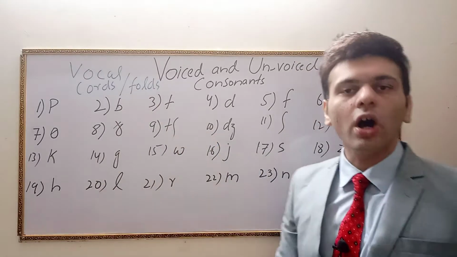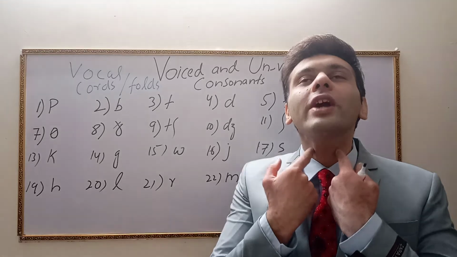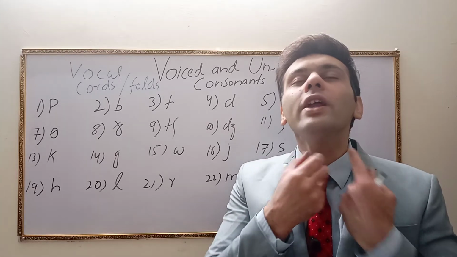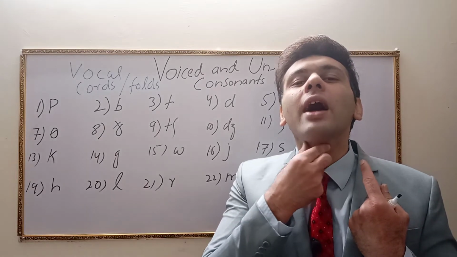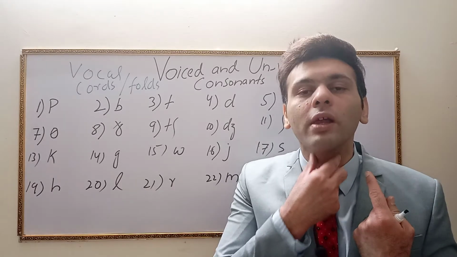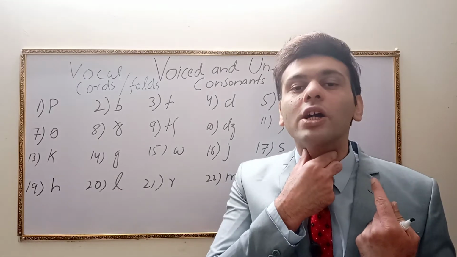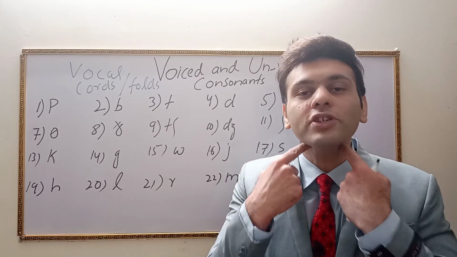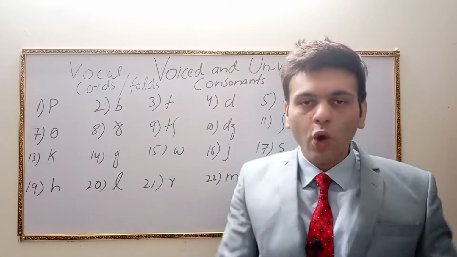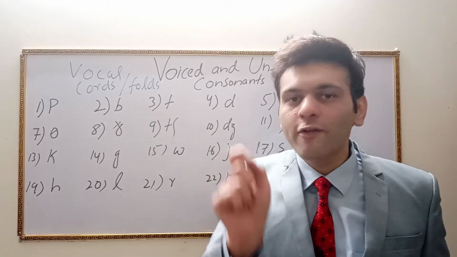Now, vocal cords. We have vocal cords over here. If you look at my neck, you can see this apple-like area. This is known as Adam's apple, and we call this area the glottis. This glottis is enclosed within two vocal cords or folds.